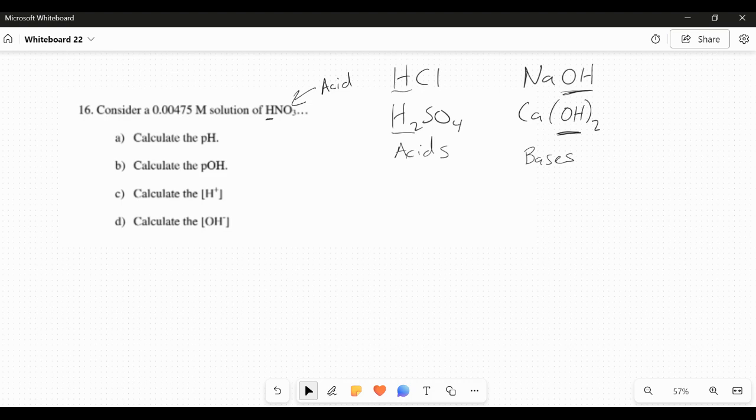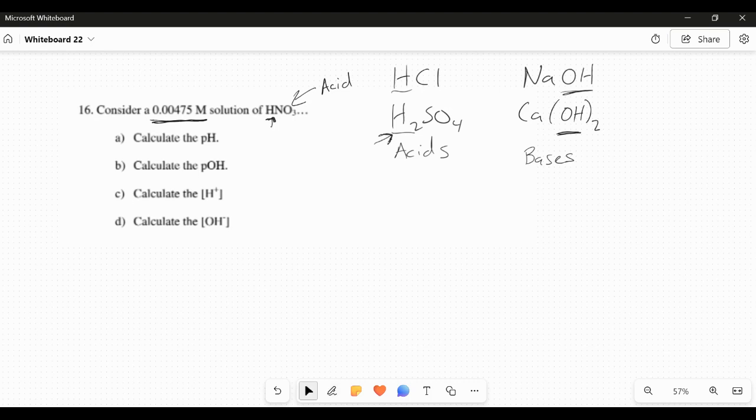And to do this, the most simplistic way to look at it is you're going to multiply the concentration of the acid by the subscript of hydrogen. That's the number that comes right after the H. So for this one, because hydrogen does not have a subscript, its subscript is just 1. If, for instance, we were looking at H2SO4 right here, its hydrogen subscript is 2.